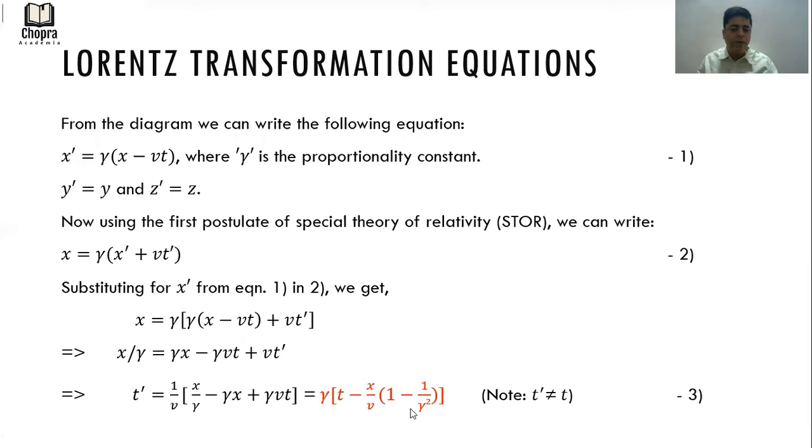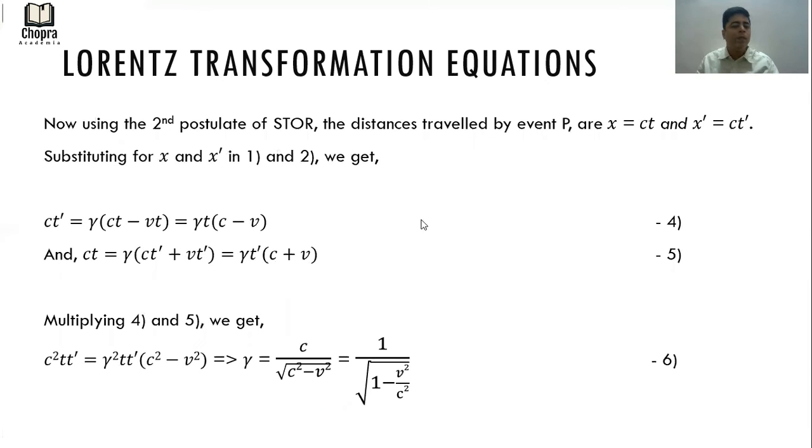Now we use the second postulate of STR, and we can write that distances traveled by event P with respect to x and x', with respect to S and S' frames, will be x is equal to ct and x' equal to ct'.